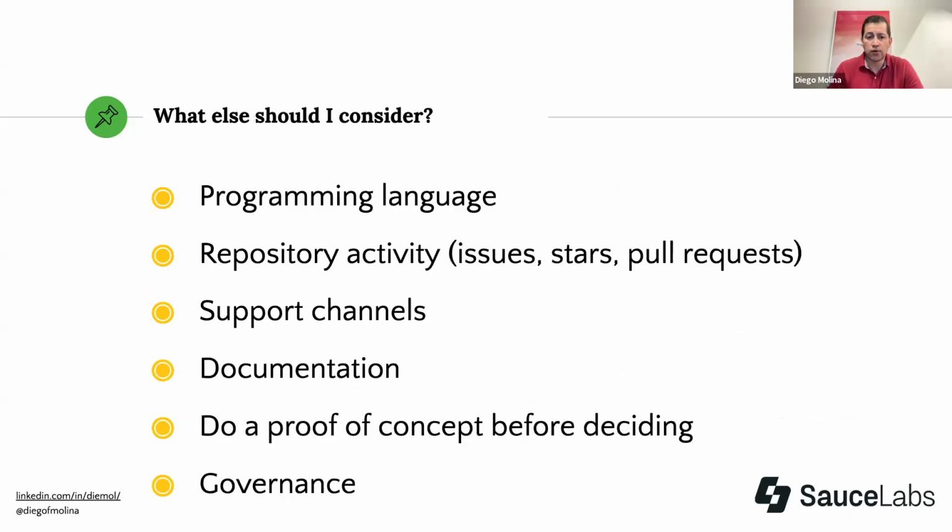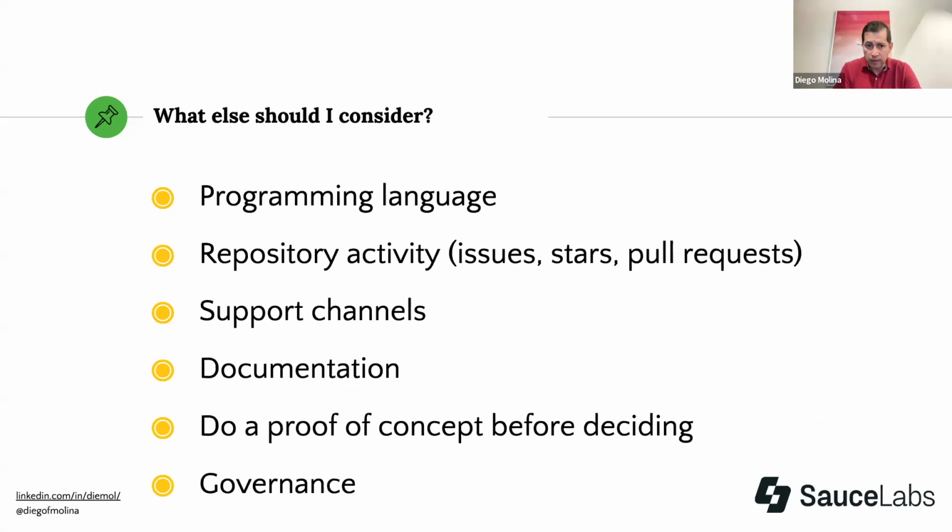Some additional things you should consider when choosing a framework are obviously the programming language, how active the project is, how well documented it is, and how well they support you. And one of the cool things is that if you're using Sauce as a cloud provider, as a place to execute your tests, you have extra support because there is a bunch of knowledge that we have for you in case you run into issues getting something working.